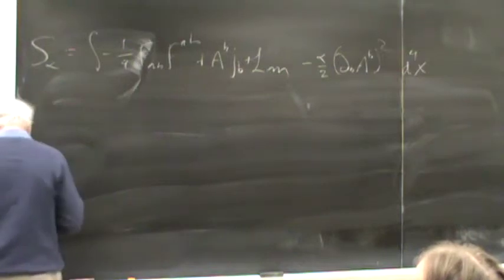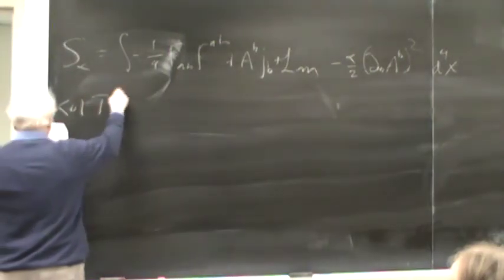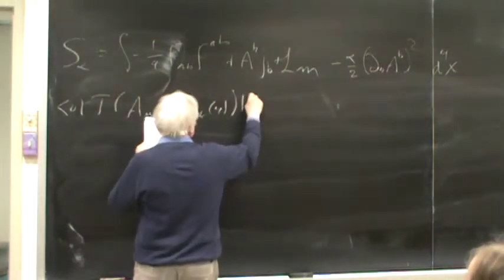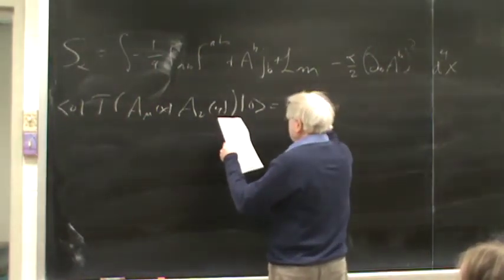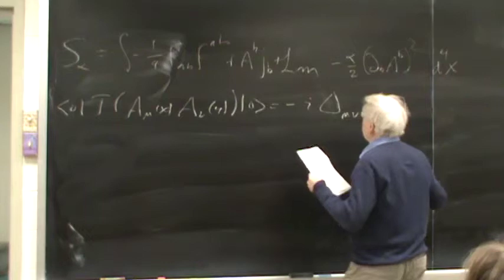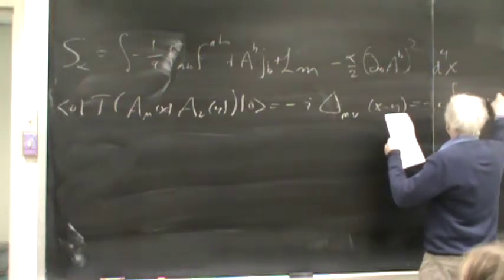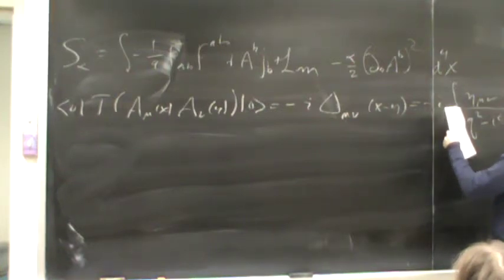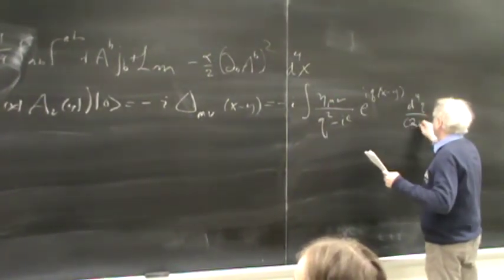And what you can show now is that you have the time-ordered product of A_mu of x, A_nu of y, in the vacuum of the free theory, so we're doing perturbation theory, equal to minus i, and it's the Feynman propagator with some subscripts, minus i integral of eta_mu nu over q squared minus i epsilon, e to the i q times (x minus y), d4q over (2 pi)^4.